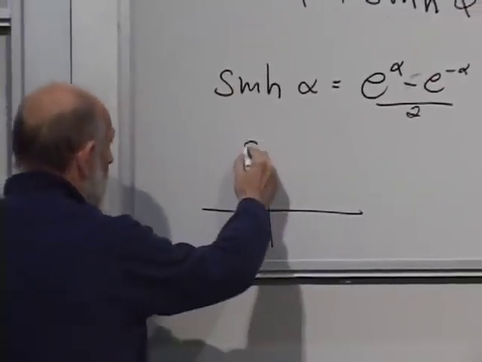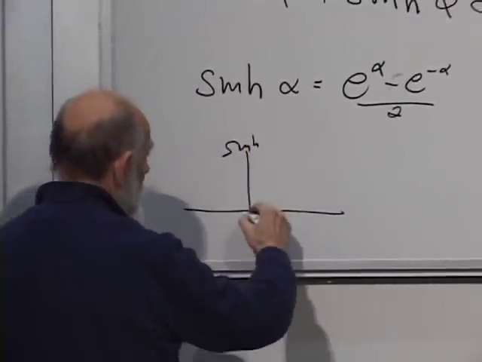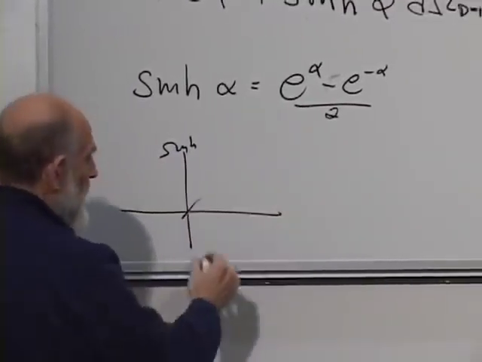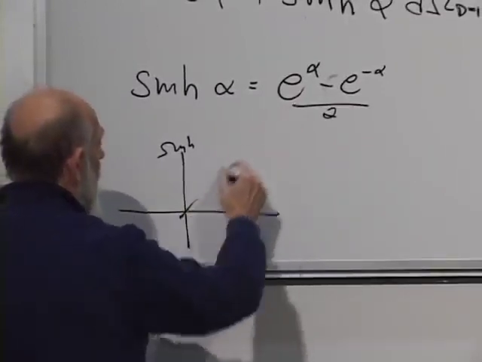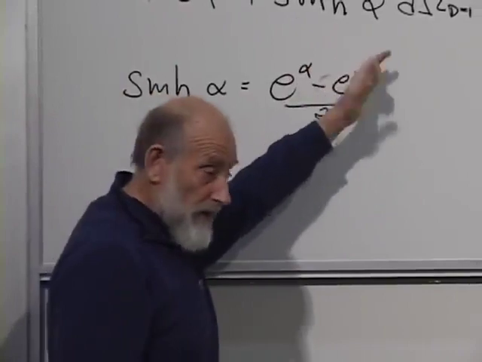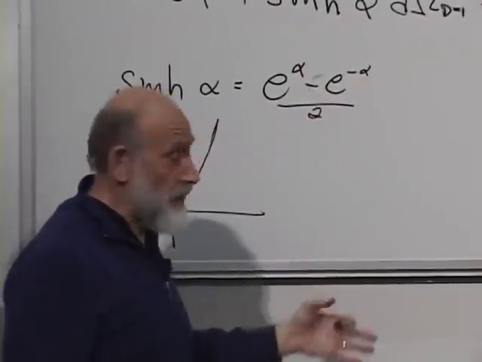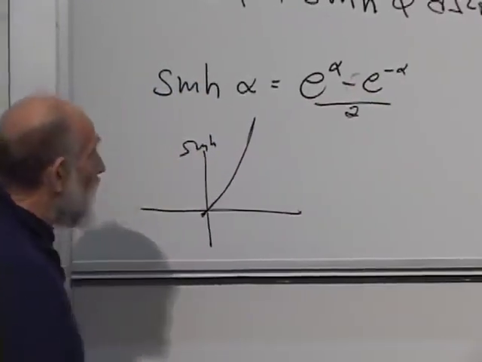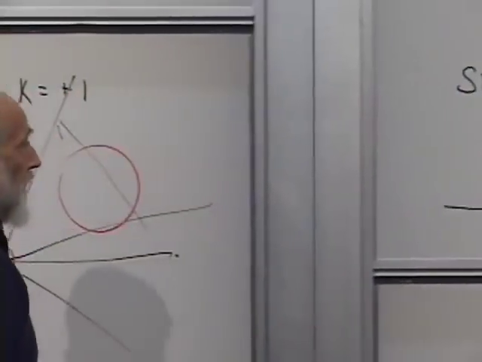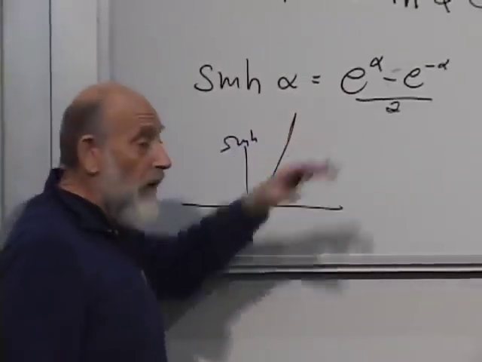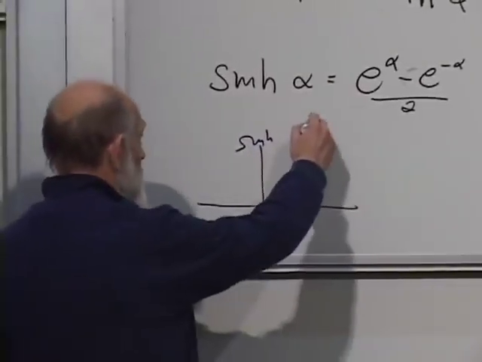So the hyperbolic sine begins very much like the sine, but then instead of turning over and coming back to 0, it exponentially increases. When alpha gets large, e to the minus alpha gets very small, so this is negligible, but e to the plus alpha grows. And so for large alpha, this is basically just e to the alpha over 2, and it just grows.